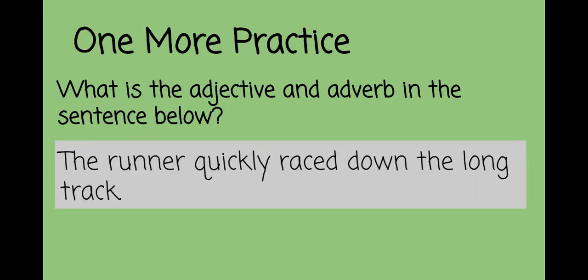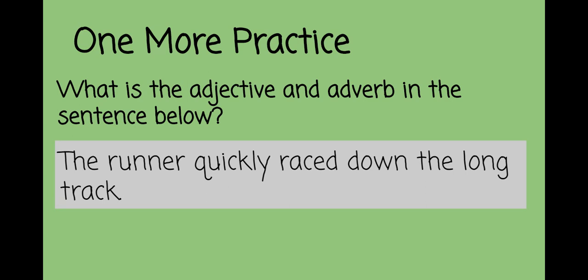Let's do one more for practice. What is the adjective and adverb in the sentence below? Now I'm looking for two things, so I'm going to need two answers. The runner quickly raced down the long track. Let's look for the adjective first. We're looking for a word that talks about the noun. Let's look at all the nouns in the sentence. Runner is a noun.